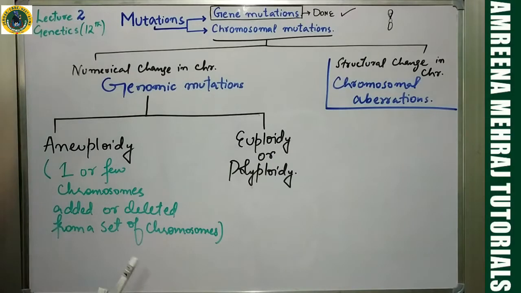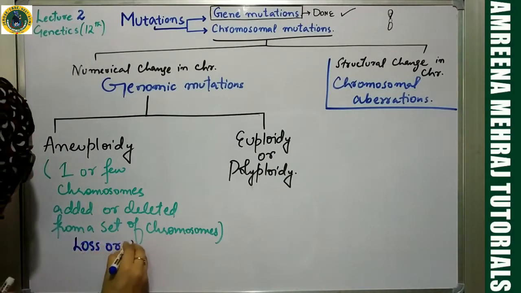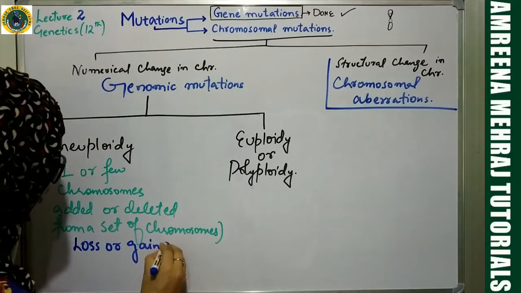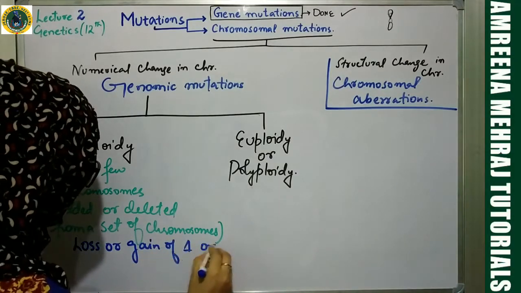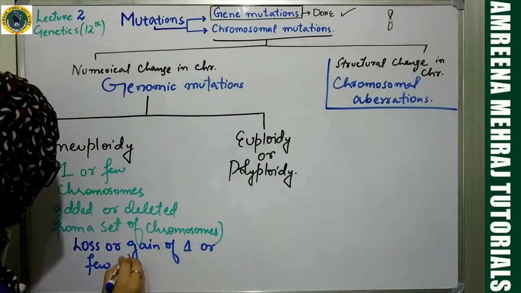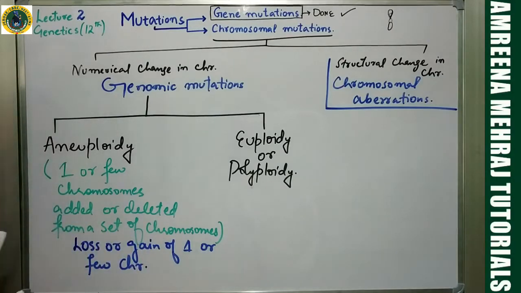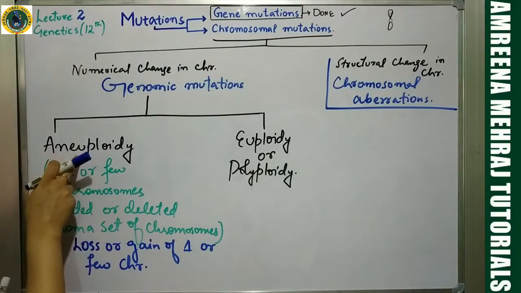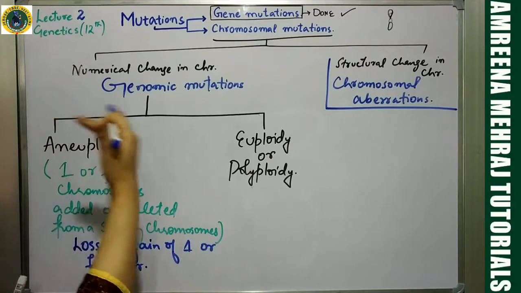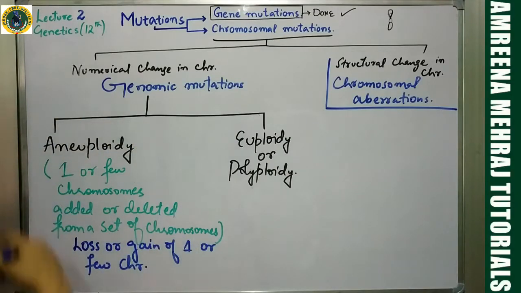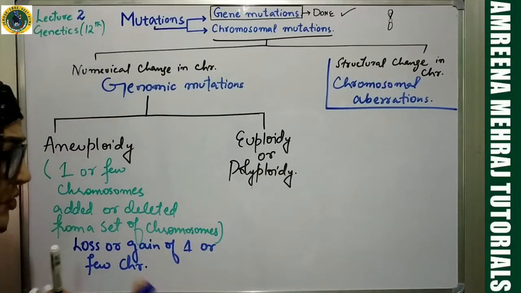So there is basically loss or gain of one or few chromosomes. You can put it in this way also: aneuploidy is that type of numeric change in chromosomes, that type of genomic mutation in which you have loss or gain of one or few chromosomes, to be very simple.